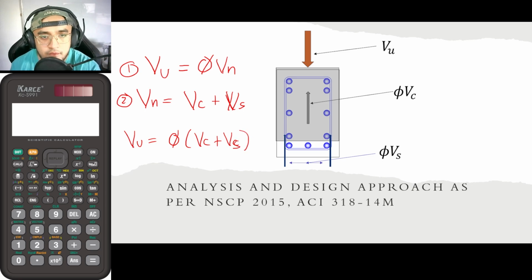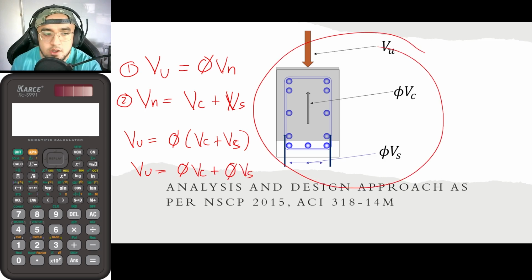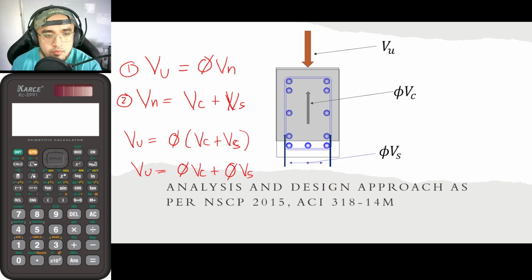And distributing phi, Vu is now equal to phi Vc plus phi Vs. Thus, looking at this situation here, once again, Vu is equal to phi Vc plus phi Vs.